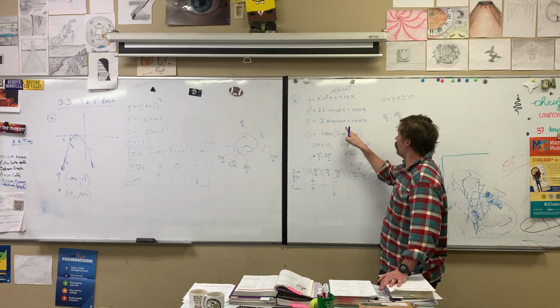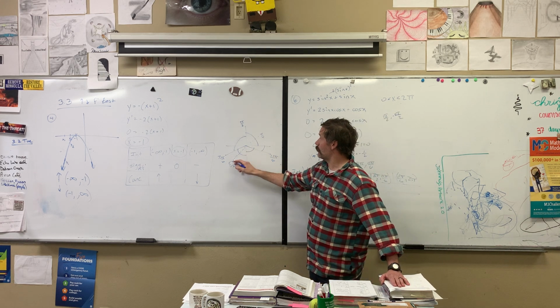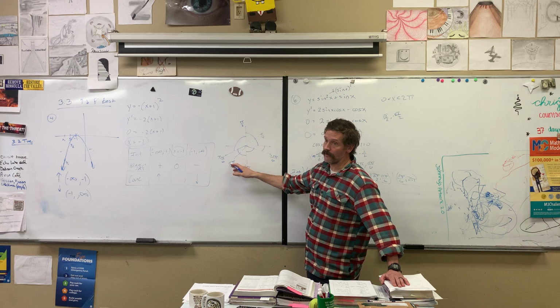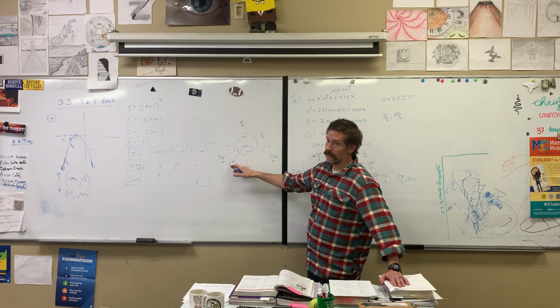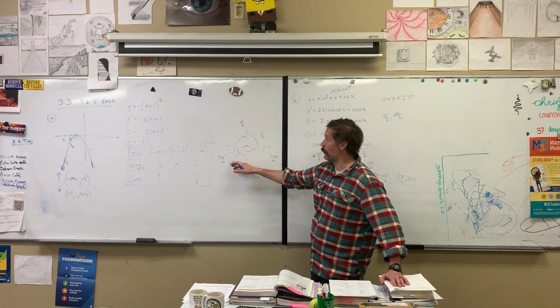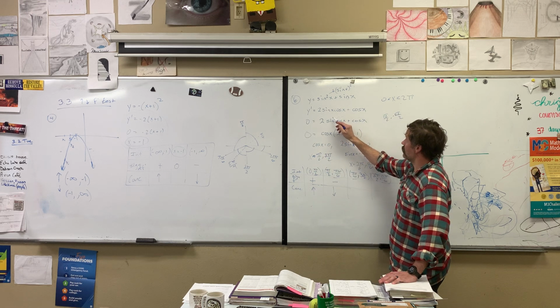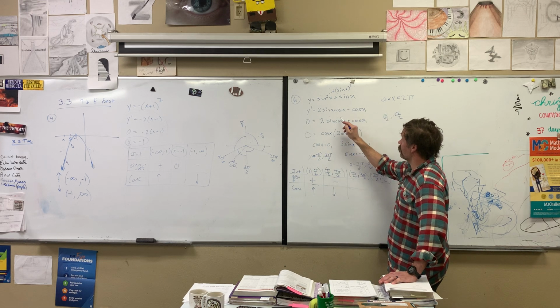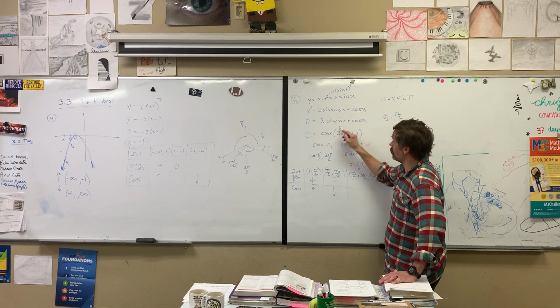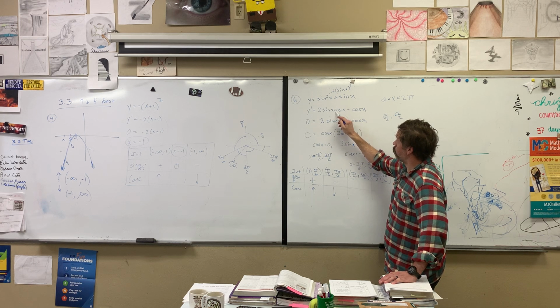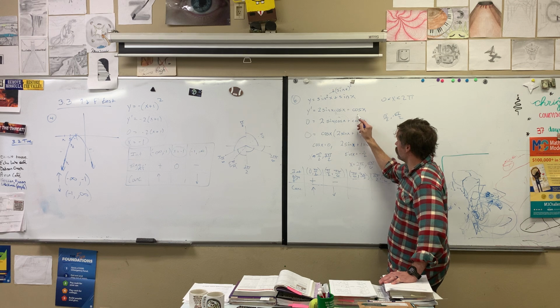So what's our cosine, what's our sine values there? Our cosine is negative and our sine is negative as well, right? So both are negative. That's going to give us a negative and a negative, so this whole thing will be positive, and then this will be a negative.